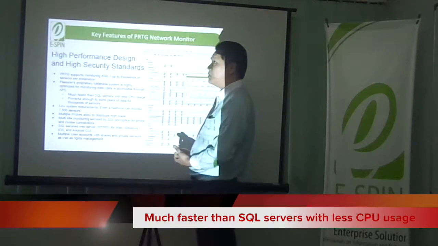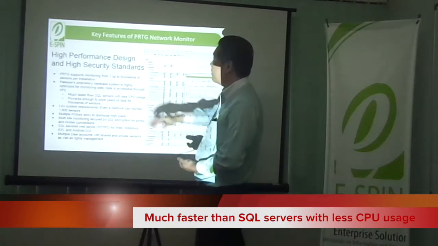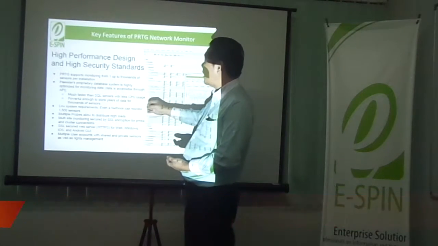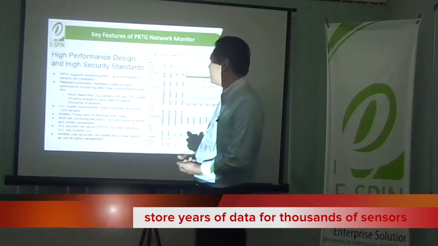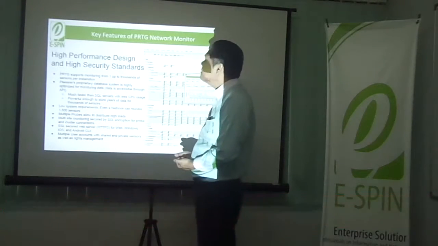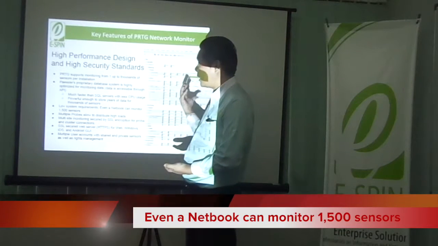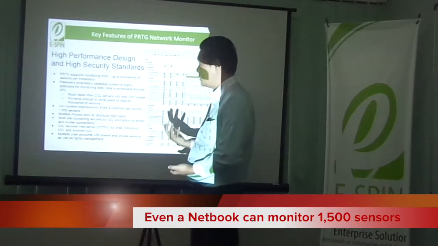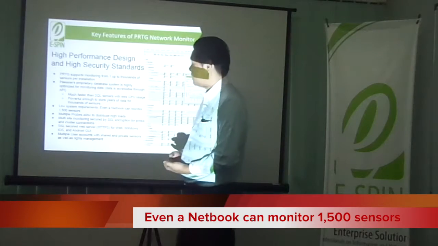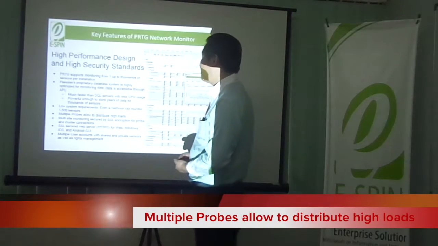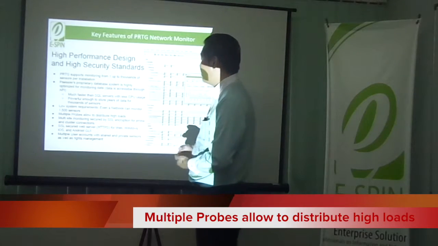Data is accessible through the API, much faster than SQL server with less CPU usage, powerful enough to store years of data for thousands of sensors. Low system requirements: even a notebook can monitor 1,000 sensors, depending on the interval and parameters that you set. Multiple probes allow you to distribute the high load across multiple boxes.